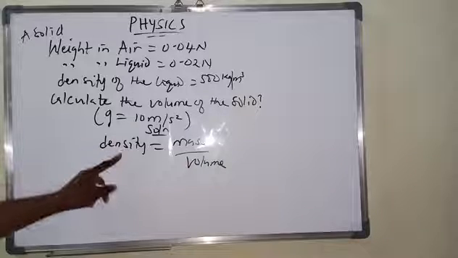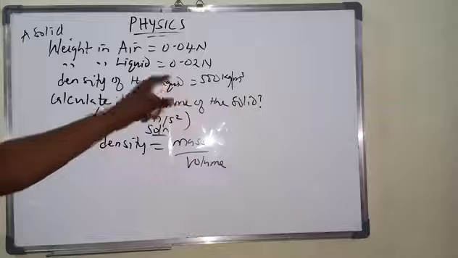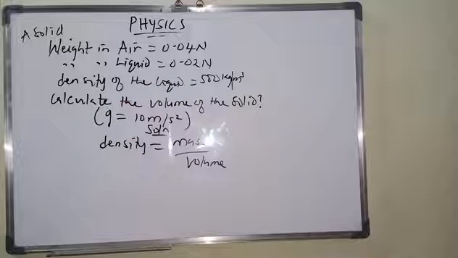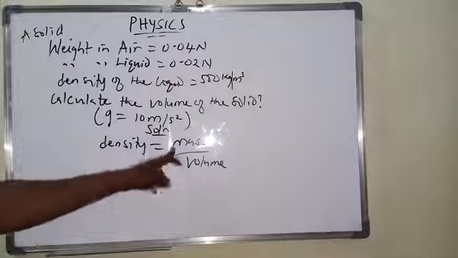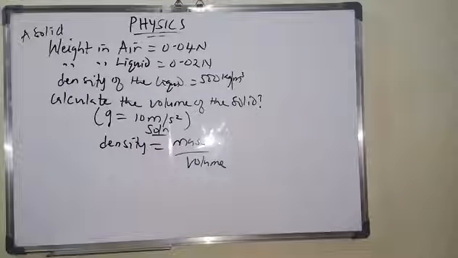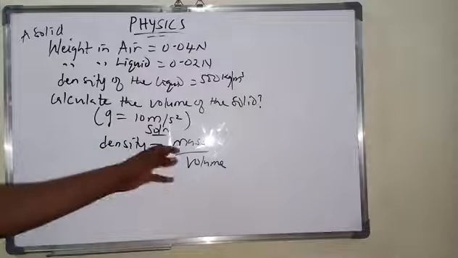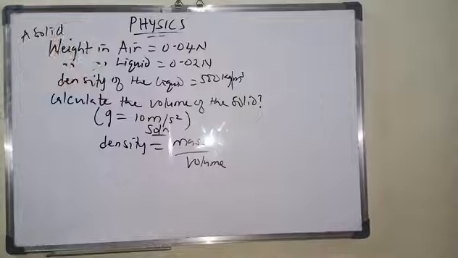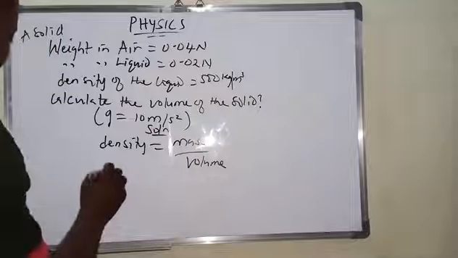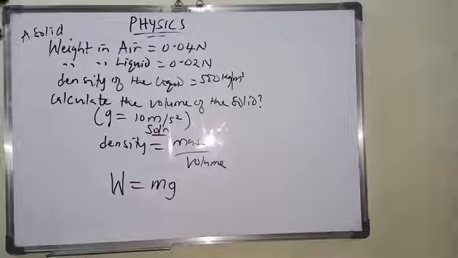If you know the density of the solid, which in this question is not given, the density given is that of the liquid, and we know the mass, then we can substitute and get the volume. We can say the mass can be obtained from the weight. The weight is equal to mass multiplied by acceleration due to gravity.